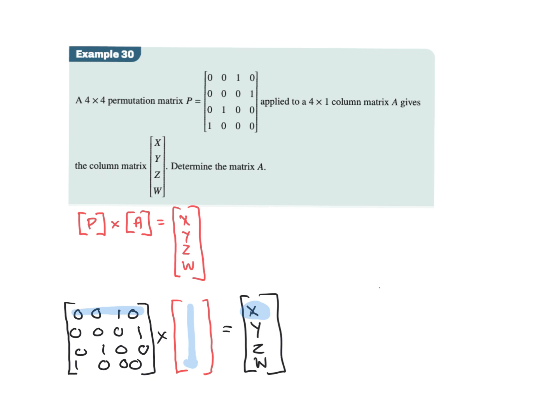So it's like 1, 2, and then we've got X there. If I'm doing the next row, I need Y to show, and the 1 is in the last spot, so we're going to have Y down here, okay?